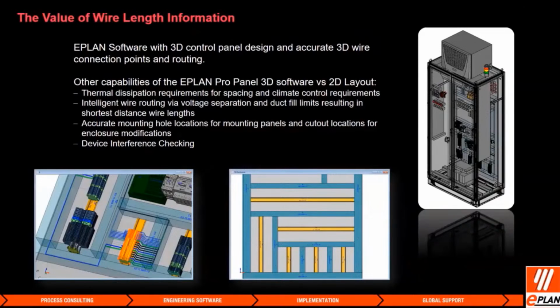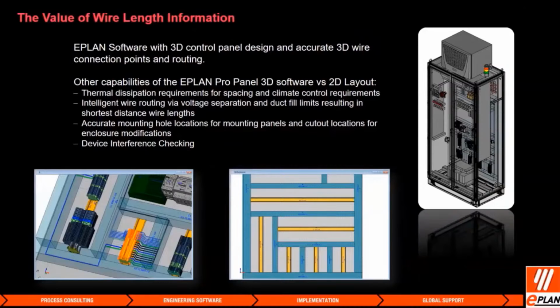So where's the best location for the climate control? Making sure the components are spaced properly so that they can get rid of their heat, and at the same time not interfering with each other or potentially interfering with the door when it's closing.